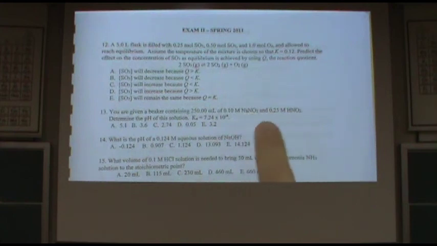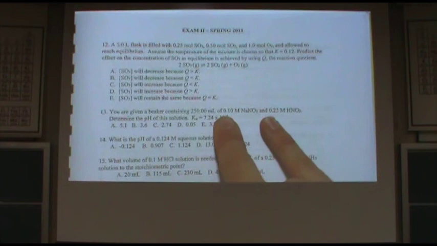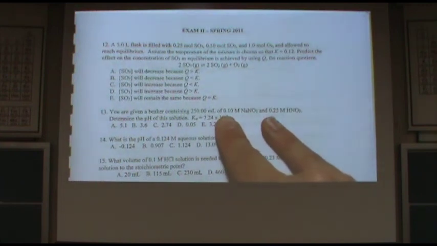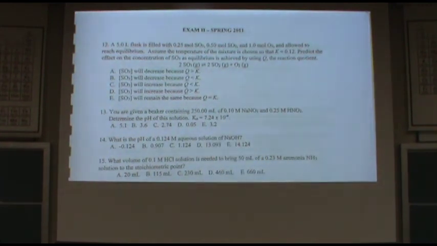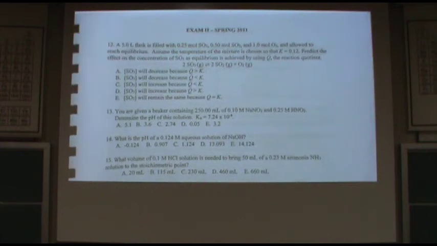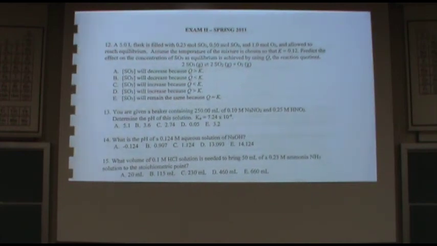A buffer, yeah. Base and its conjugate acid. They're both weak. They have similar molarities. That's a buffer. What you haven't learned yet, that in my class at least, we're going to learn next time, there's 2 ways to solve this. The hard way is the ice table, which you're free to do. That's fine. I'm going to do it the easy way.